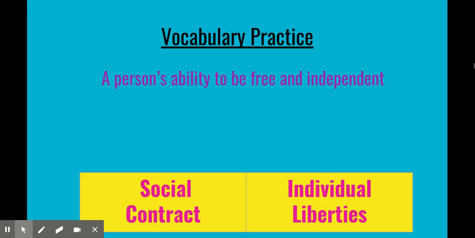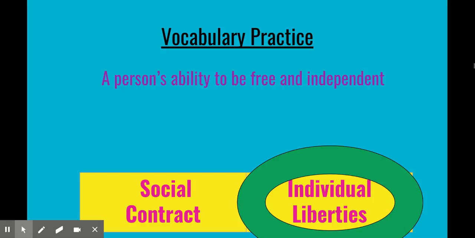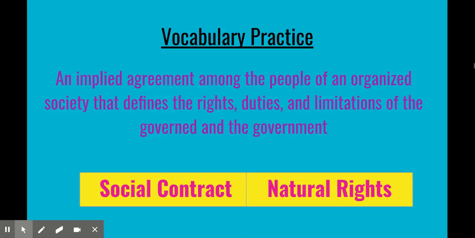Let's keep going with our vocabulary practice. What is a person's ability to be free and independent? Is it social contract or individual liberties? The correct term is individual liberties.